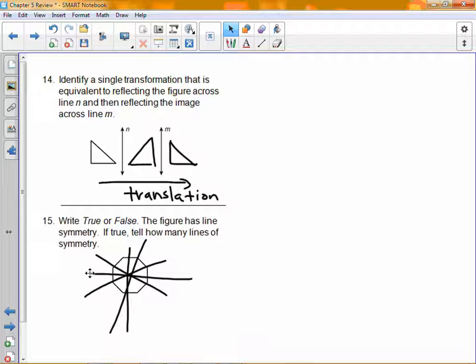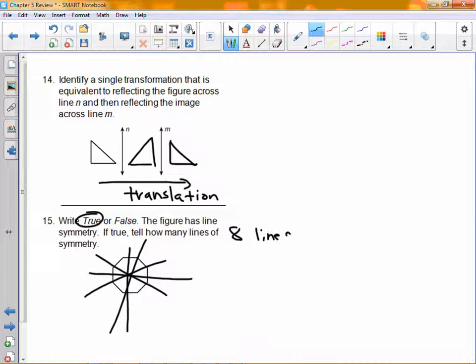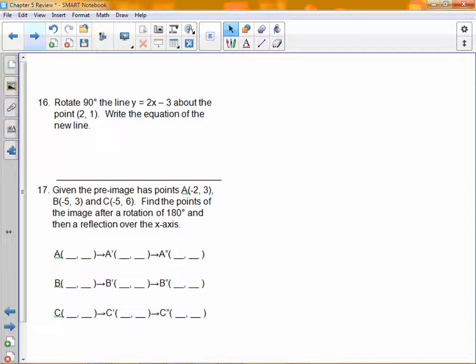And so 1, 2, how many sides? 8 sides? What is that called that has 8 sides? Octagon. So it's true, it has line symmetry, and it has 8 lines of symmetry. It is an octagon.